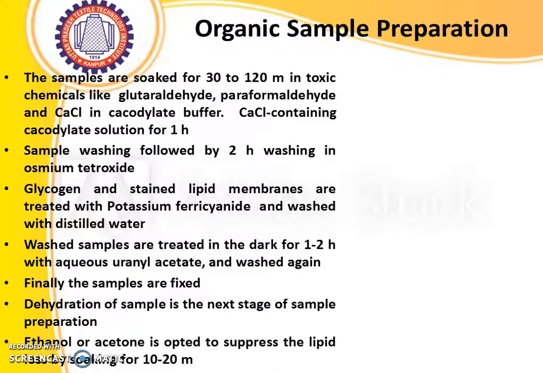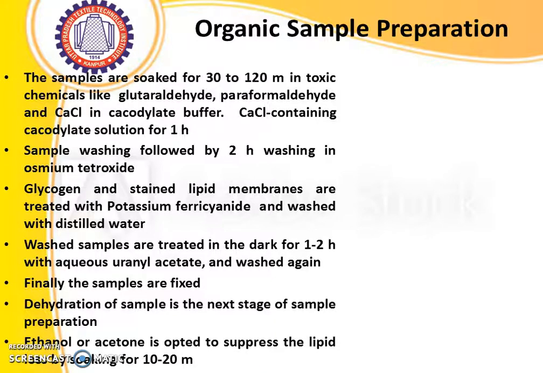Then glycogen and stained lipid membranes are treated with potassium ferricyanide and washed with distilled water. Washed samples are again treated in the dark for 1 to 2 hours with aqueous uranyl acetate, which is a combination of 3 chemicals in which methanol and ethanol are the prominent ones, and washed again. Finally, the samples are fixed.